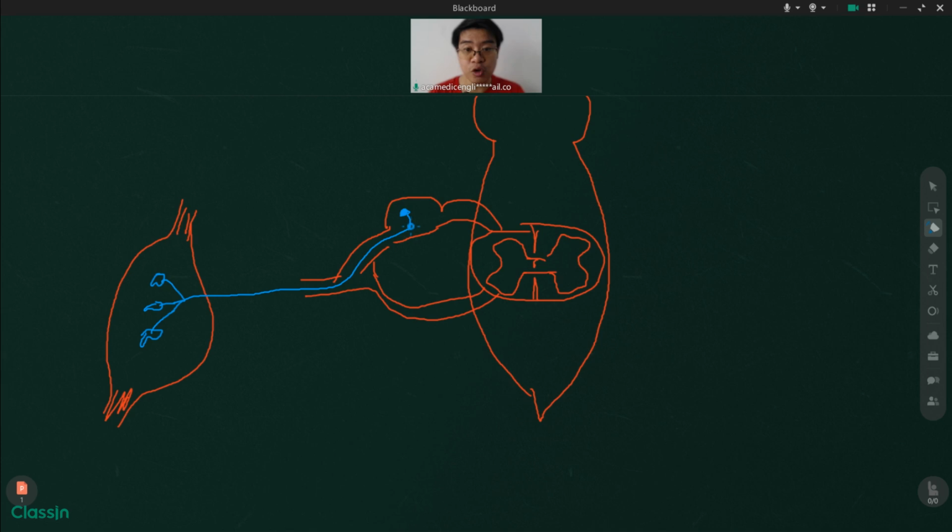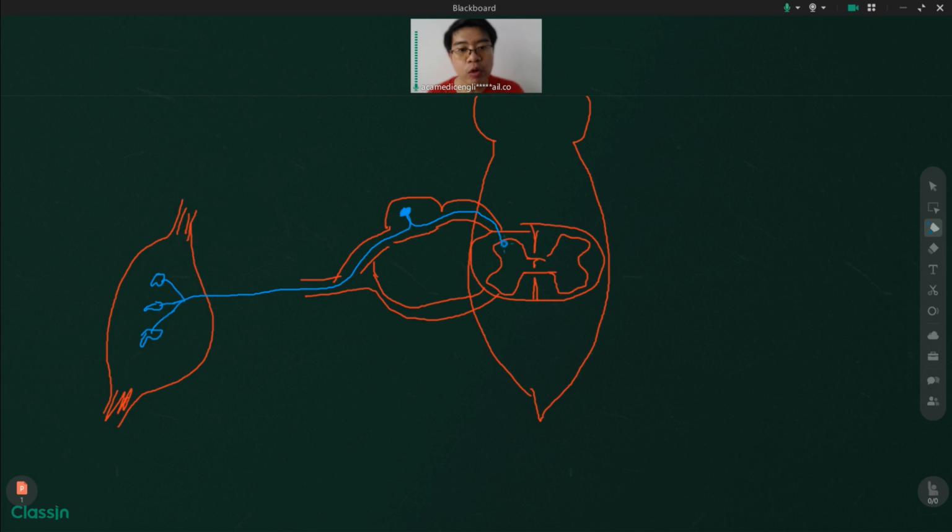So that first order neuron is going to go into your central nervous system, into your spinal cord. First off, the cell body is here at the dorsal root ganglion. Then you have a central process that goes into the spinal cord. And then when it goes into the spinal cord, it's not going to synapse right away.